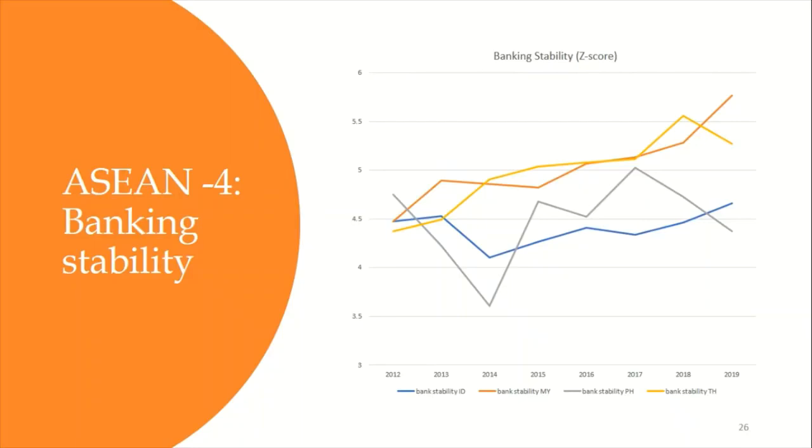The Philippines is more volatile, with a declining trend in recent years, and the other two countries are also volatile, but the Malaysian banks are more stable compared to the others.